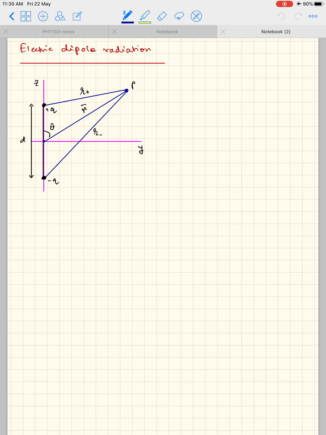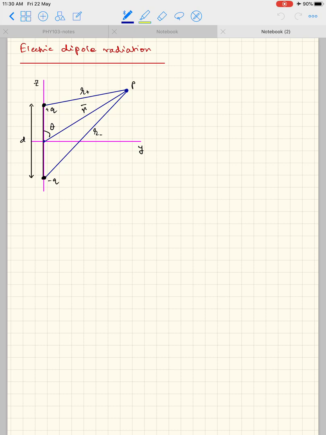Okay, so we have these two small metal balls, if you wish, spheres which are separated by a distance d and are linked by this fine wire.